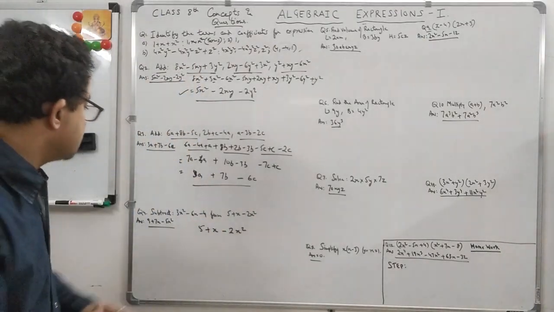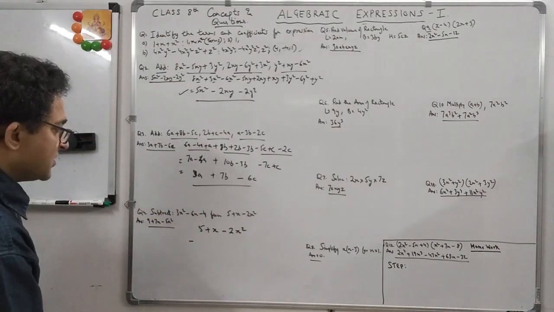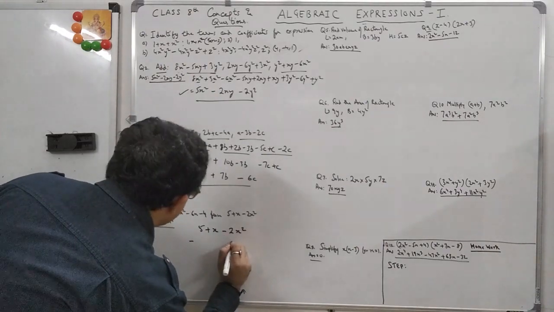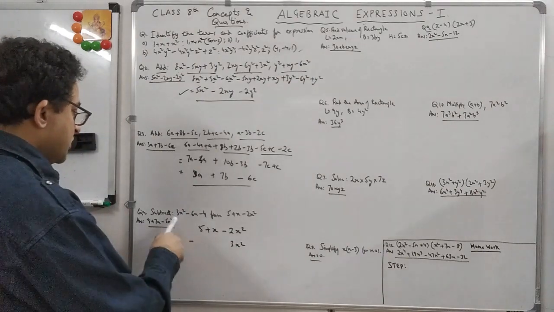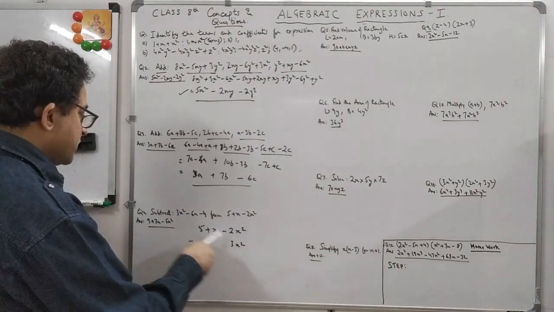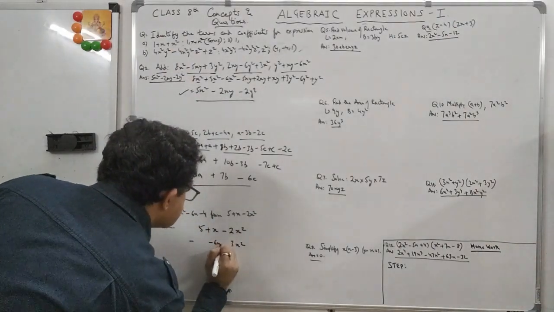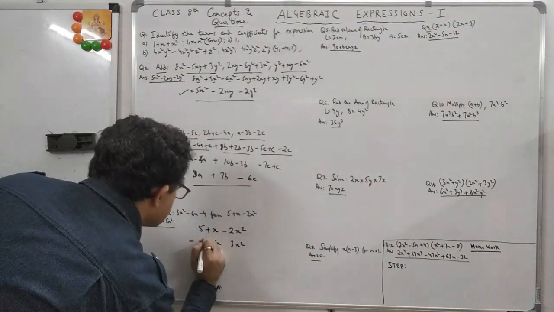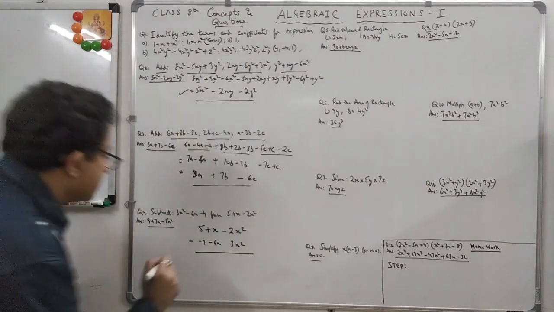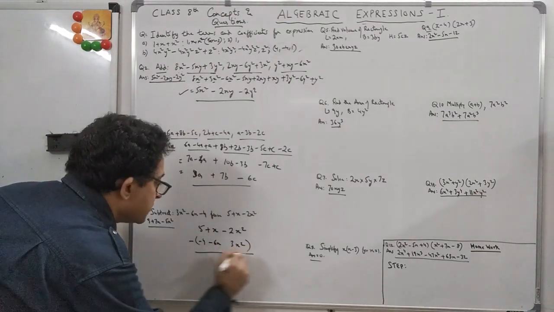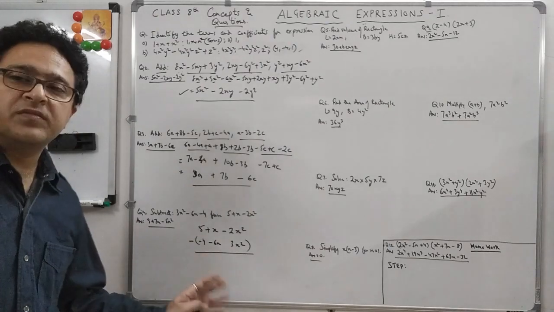So this is first, and then you put minus 3x square over here, minus 6x, and then minus 4. This is it. I've done nothing, I've just put it in this vertical form.